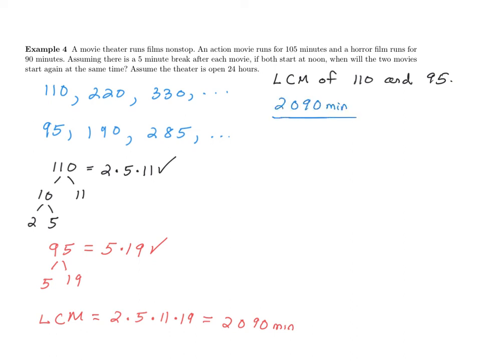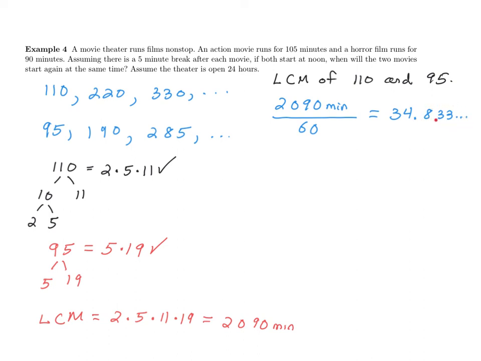If you want to convert this into hours, you can divide by 60 because there's 60 minutes for every single hour. So if I divide by 60, I get 34, and I get this 0.83 repeating. So this is some number of hours and then some number of minutes. I would actually like to record this in minutes.